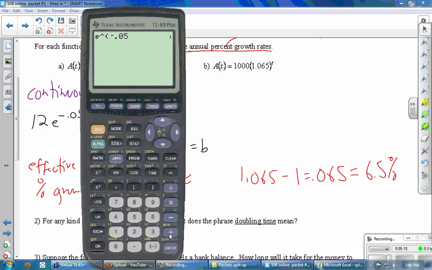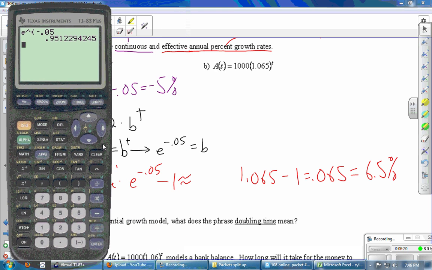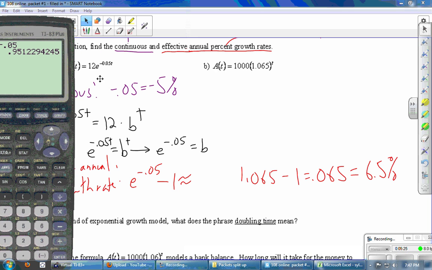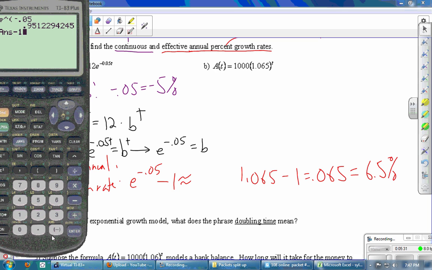We'll just leave it as it is first. Okay, 0.95, that's the b. So this problem right here is really equivalent to 12 times 0.95 to the t. And then if we want the actual rate, we subtract 1, we get something negative, about negative 4.88.